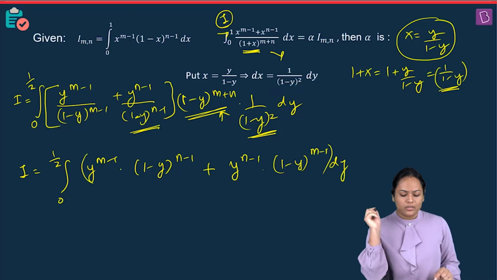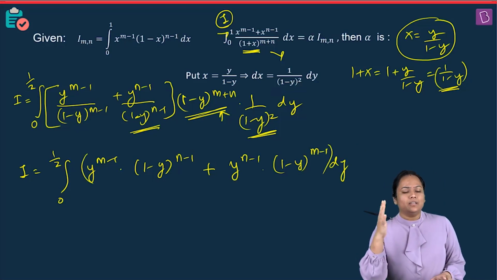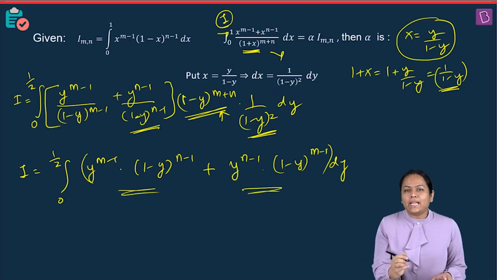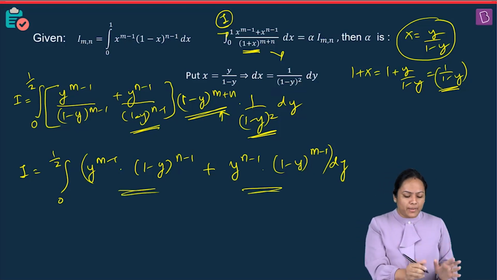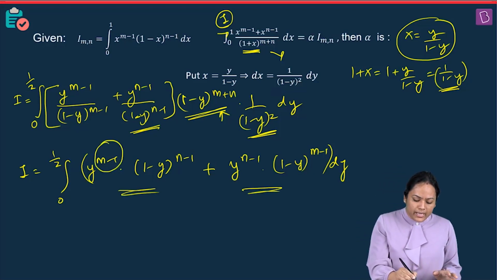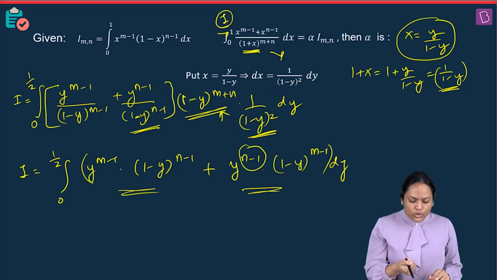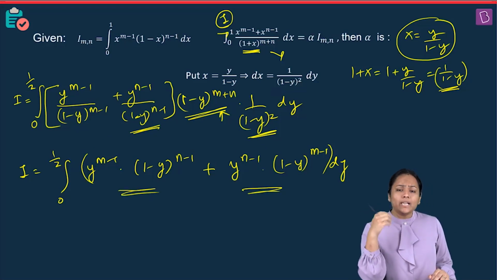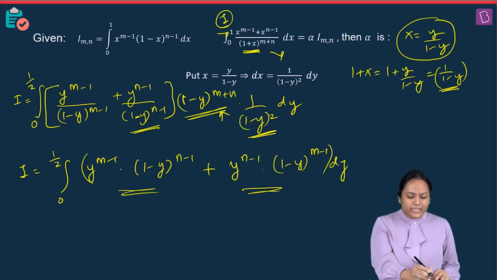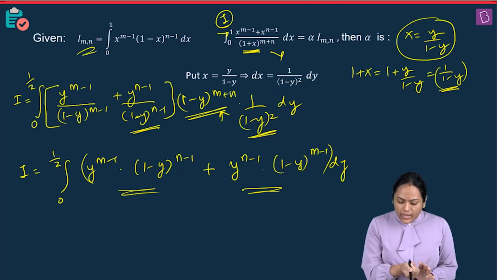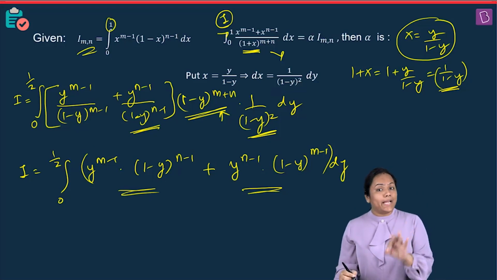What have I got? Well, these are similar kinds of expressions, right? Only the powers are changing. In place of m minus 1 over here, I have n minus 1 and vice versa for the second part. So what should we do? Well, now can I get it directly in terms of I mn? So I have to anyhow relate my I and I mn.